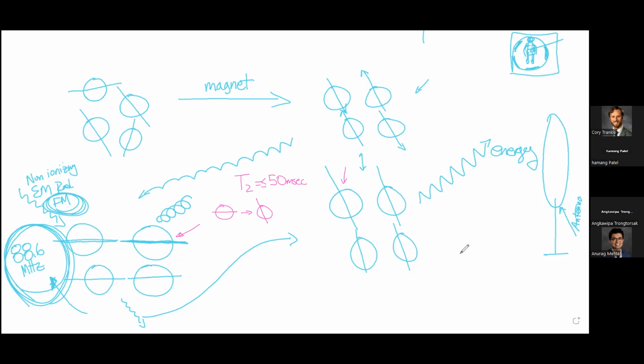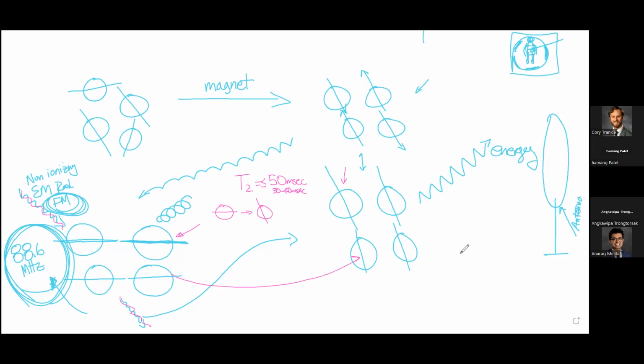A lot of times, for normal tissues, we're looking at a 30 to 40 millisecond time range. So the time that it takes after the FM radio wave has gone through, here it is over here, for this to tip back to this orientation in that direction is 50 milliseconds.